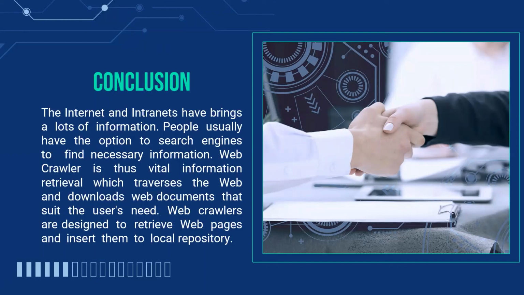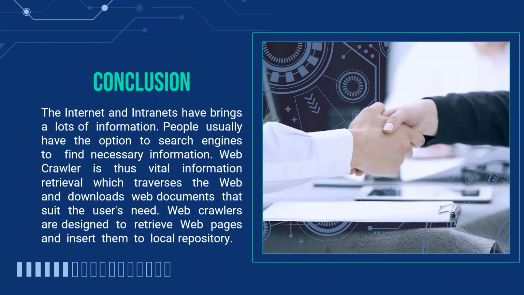The internet has a lot of information, and people use search engines to find the necessary information, where the web crawler is the first vital part of information retrieval, which finds the web and downloads the documents that suit the user's need. Web crawlers are designed to retrieve web pages and store them in a local repository.